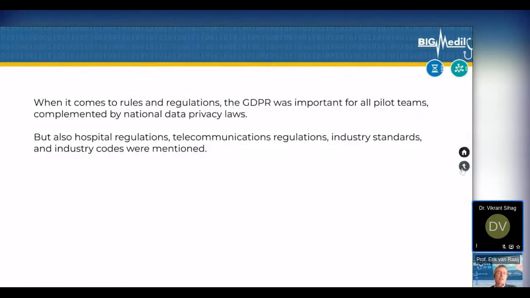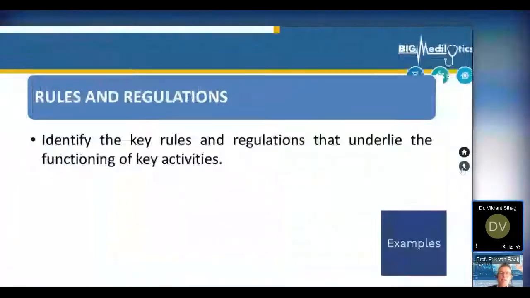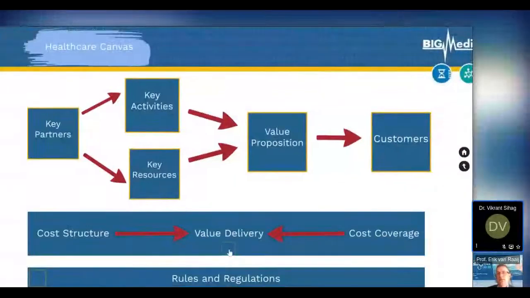And there was a lot of awareness in all of the pilot teams that specifically working with big data and artificial intelligence was an important part of the business model. You have to manage this part in order to create value for the customer groups.